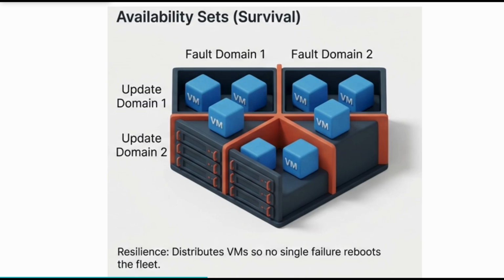Similarly, in a fault domain, you group your VMs by common power source and network switch. In this case, Microsoft will ensure that no two VMs lie in the same fault domain if you select availability sets while creating the virtual machines. And to top it off, this is totally free.